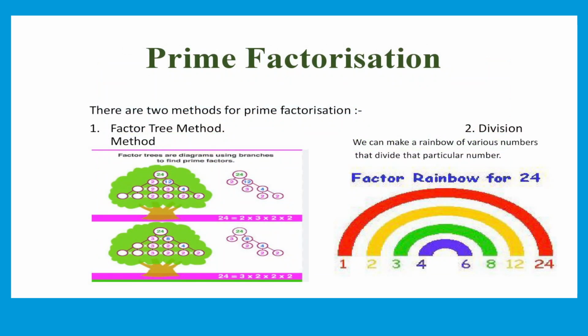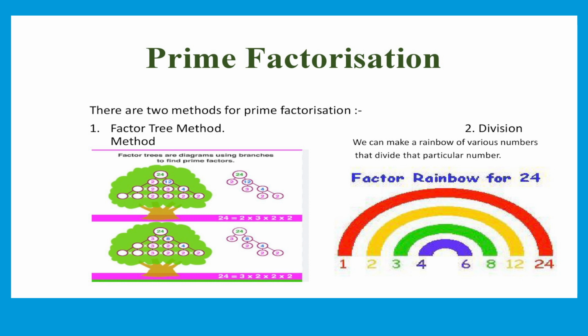Let's see what prime factorization is. Prime factorization is the process in which prime factors are multiplied to get the original number. Let's see 24. The factors of 24 are 2 and 12.